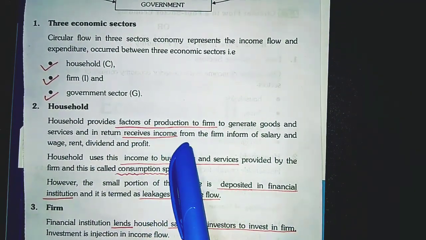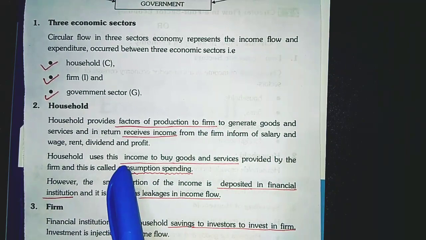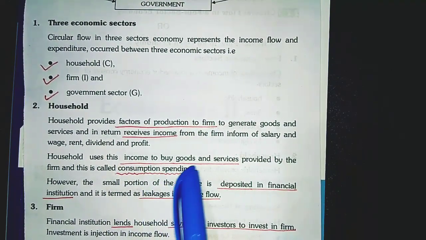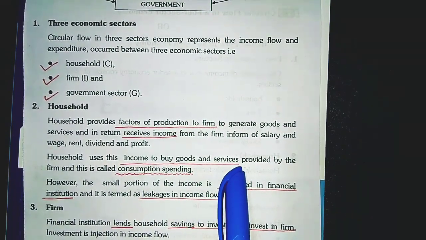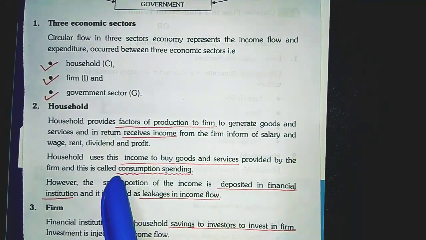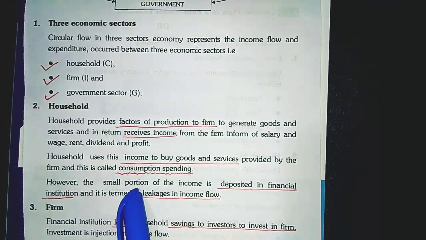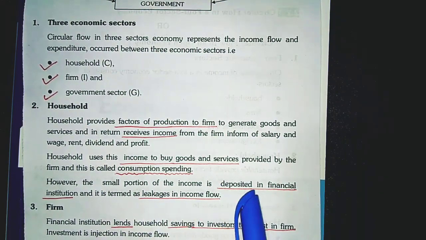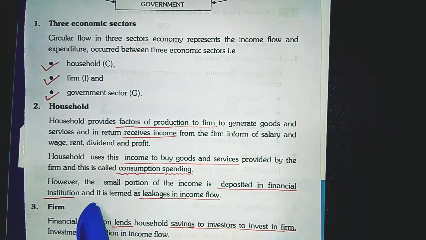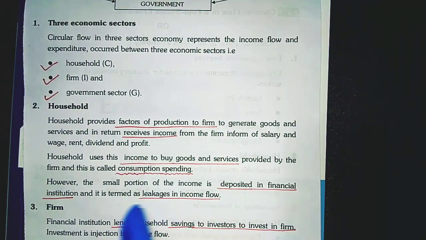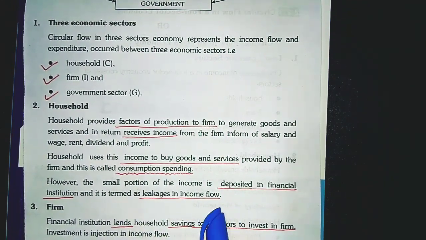They receive the income. Now this income they are utilizing to buy the goods and services provided by the firm. This is called consumption spending. A small portion of the income is deposited in the financial institution. It is called the leakage in the income flow.